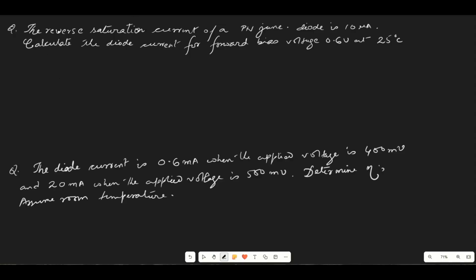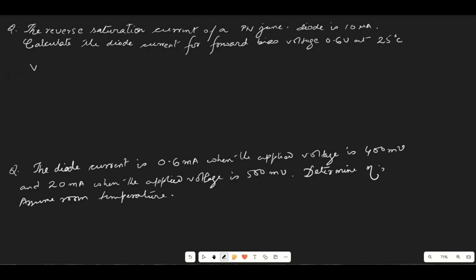Okay, so let us consider this numerical. The numerical states that the reverse saturation current of a PN junction diode is 10 microampere, and we have to calculate the diode current for a forward bias voltage of 0.6 volt working at 25 degrees centigrade.